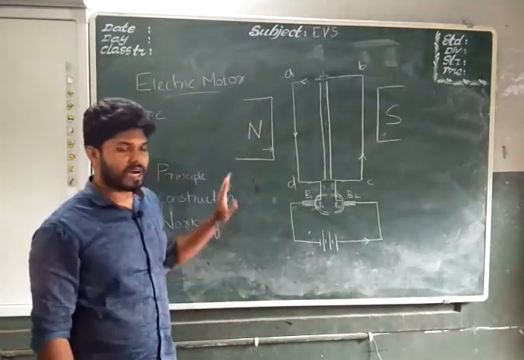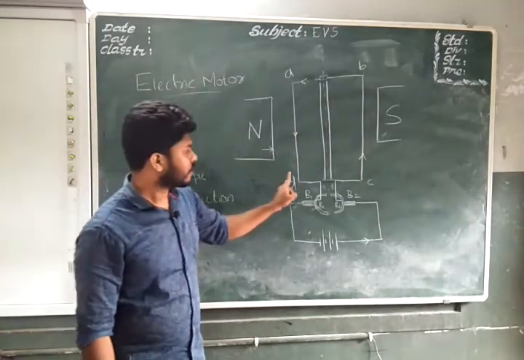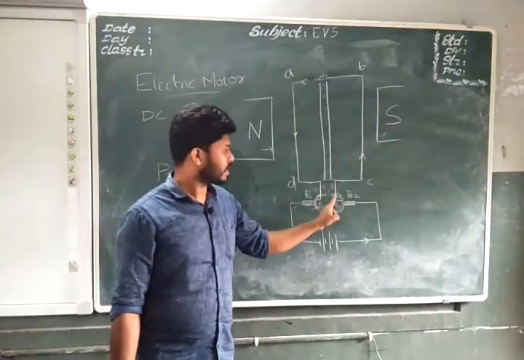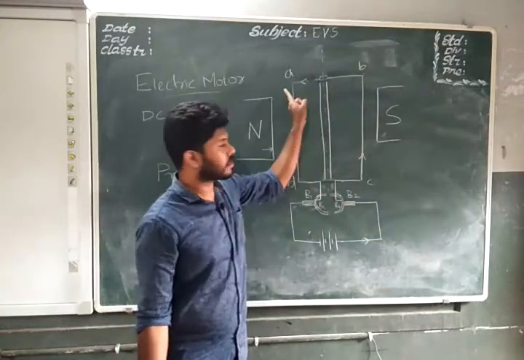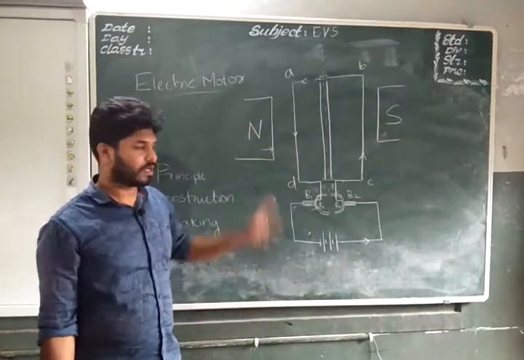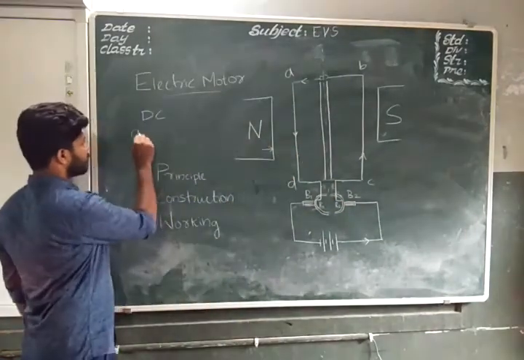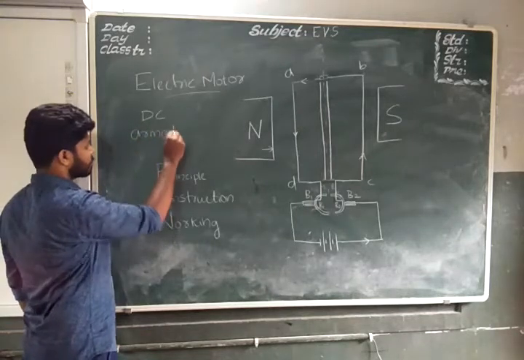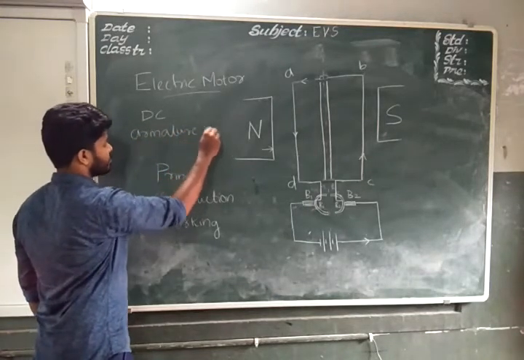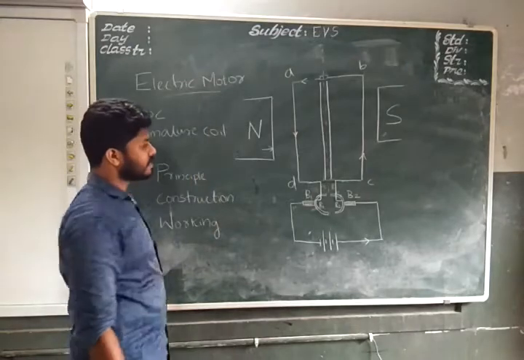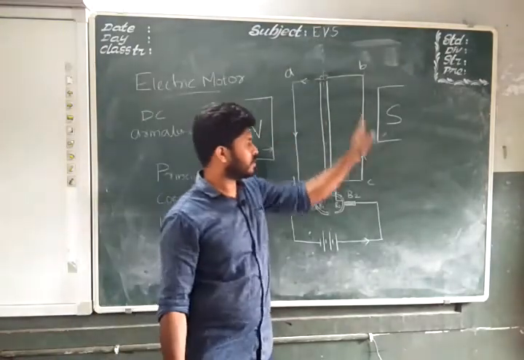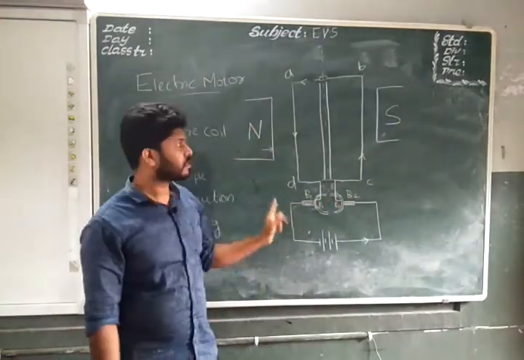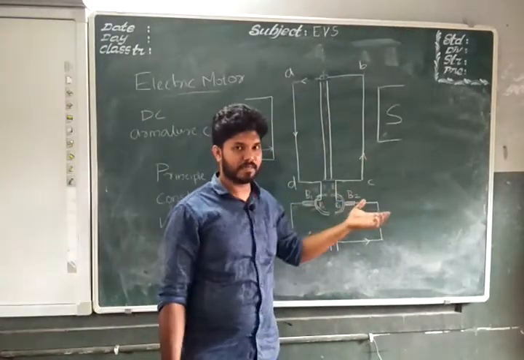After the magnet we need a coil, that is a conductor. This conductor is called the armature coil. This armature coil is named ABCD.